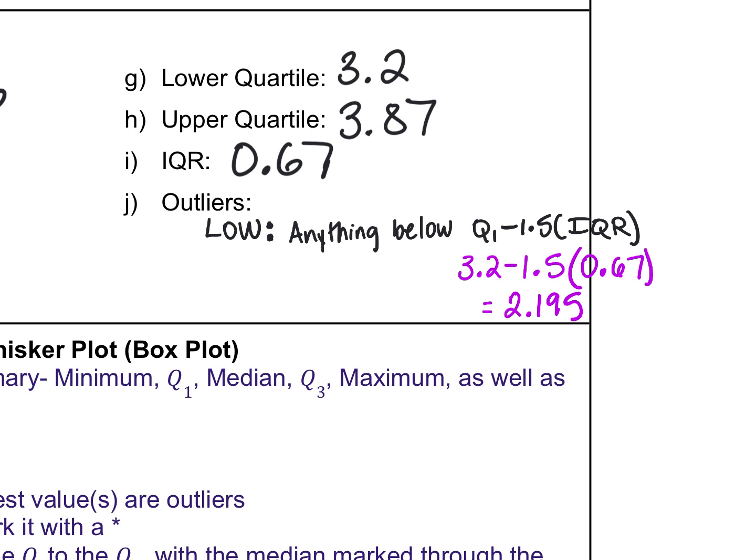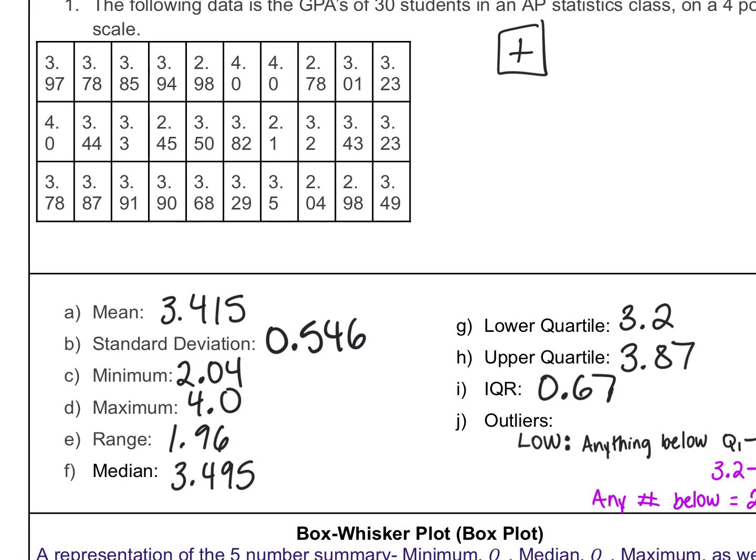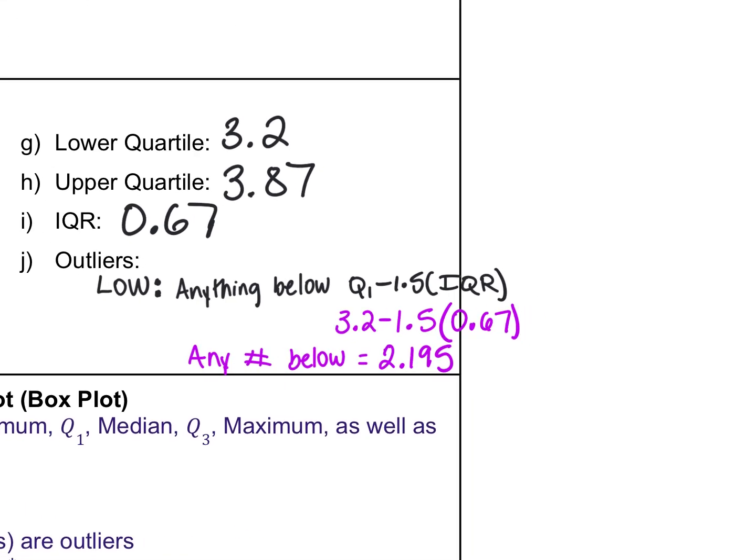Okay, so what this means is that I'm looking for any number that is below 2.195. So how we do that is we just go look at all your points. Are any of these numbers below 2.195? 2.1, perfect.